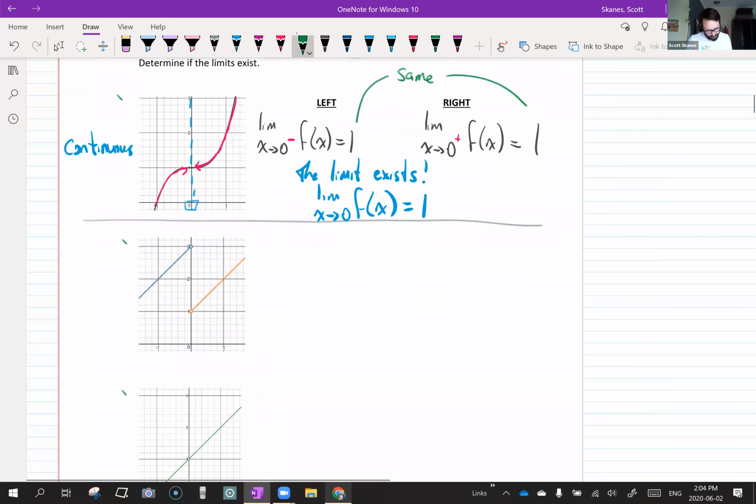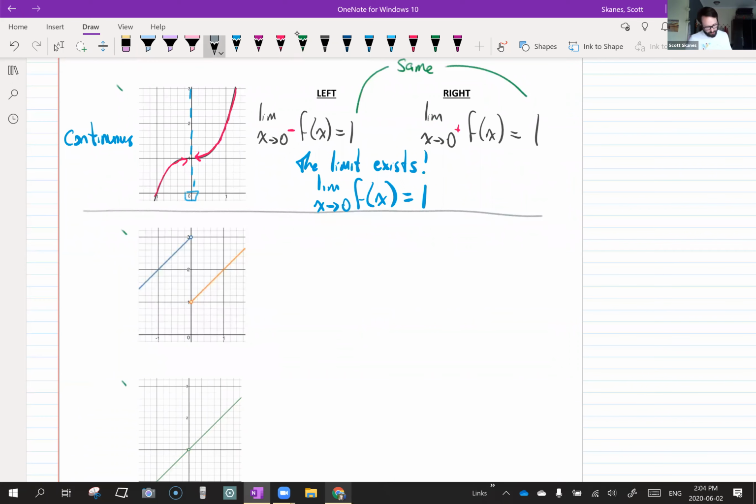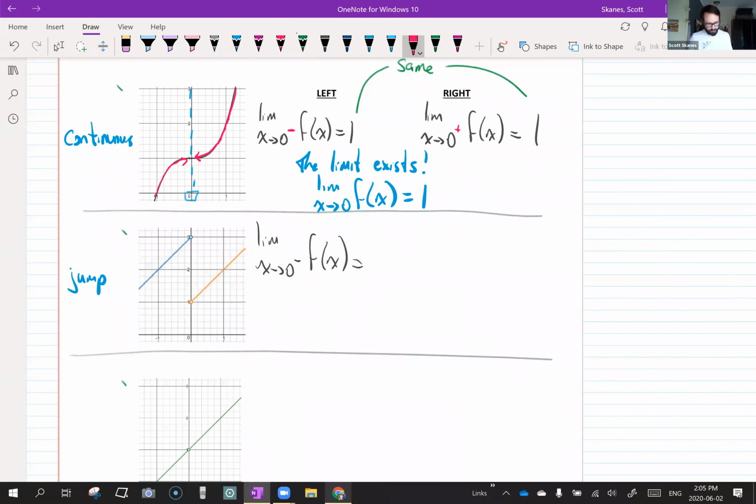This next one, without even doing the limit, you should be able to see that it has this jump. So it's definitely got a jump discontinuity. Let's see what that means for limits. From the left, the limit as x approaches 0 from the left of this function is what? Well, all you need to do is follow along the function on the left.